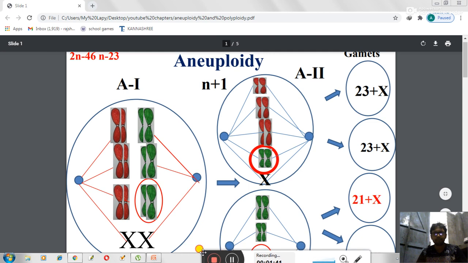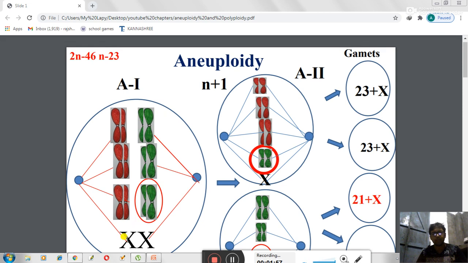Here we are looking at the human cell, where there are 46 chromosomes. I am not showing all 46 here, only 3 pairs of autosomes and one pair of sex chromosomes, which is the female cell.